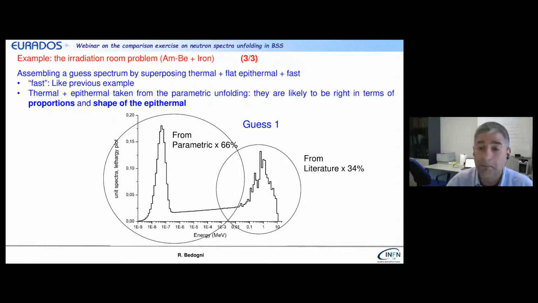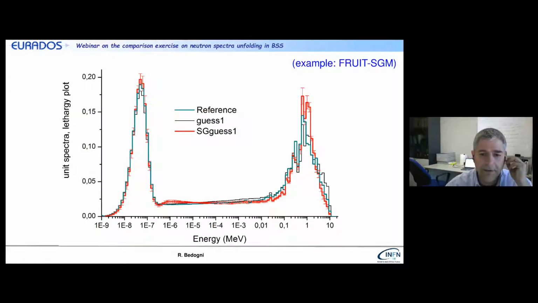The guess spectrum should not have discontinuities, otherwise the unfolding code will enhance these discontinuities, possibly producing errors. So if we try to use this educated guess spectrum, educated why? Because before this educated guess spectrum, there is a parametric analysis producing thermal and epithermal parts, and because there is a literature study producing some realistic spectrum for the fast energy component, the one that undergoes the degradation due to high atomic number materials. So look at the result.